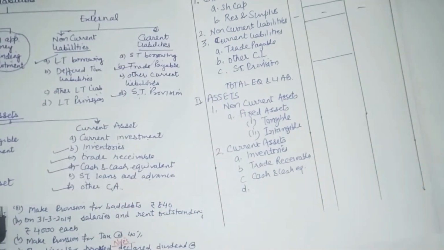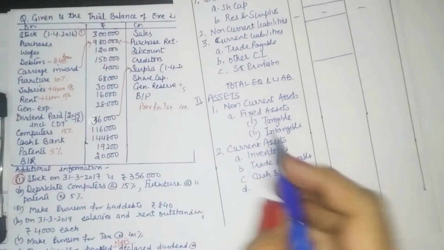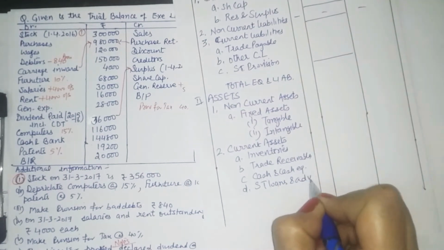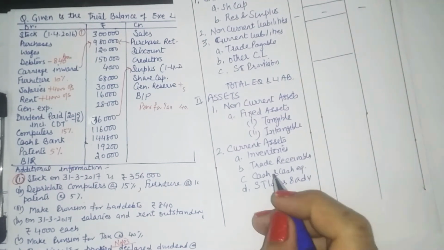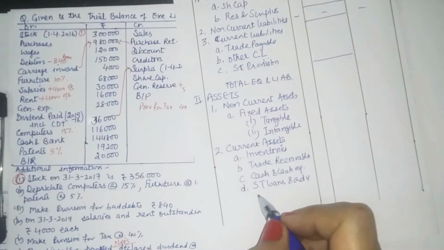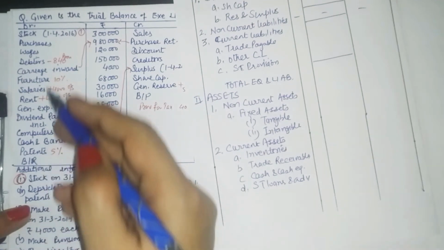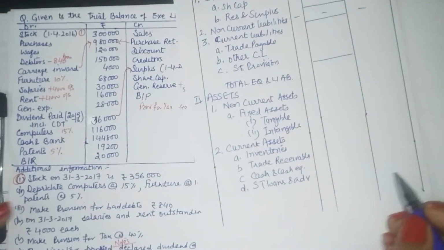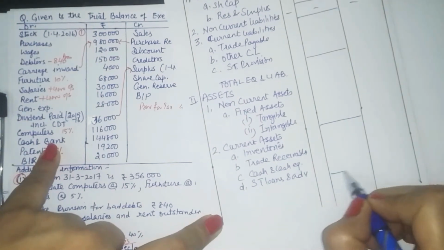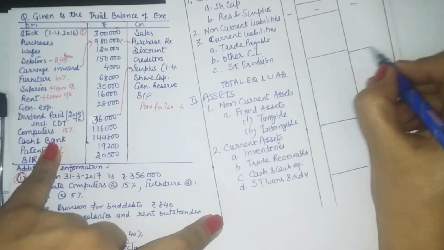So we have bill receivables, so short-term loans and advances will also come. Then you have the last category, other current assets. So do we have any unexpired expenses here? Like preliminary expenses, discount on issue of shares, etc. No. Alright. So these categories will be totaled up here and finally we will total up the amount here.